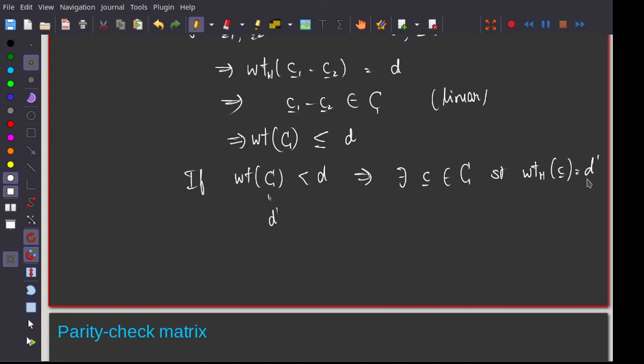So then what is the Hamming distance between C and the 0 code word? The Hamming distance between the code word and the all zeros code word is equal to the weight. Yep. So the 0 vector is going to be a valid code word for every linear code.